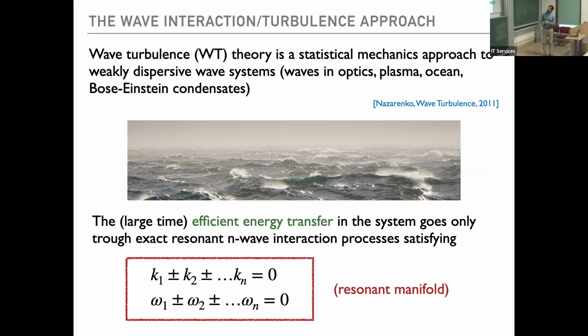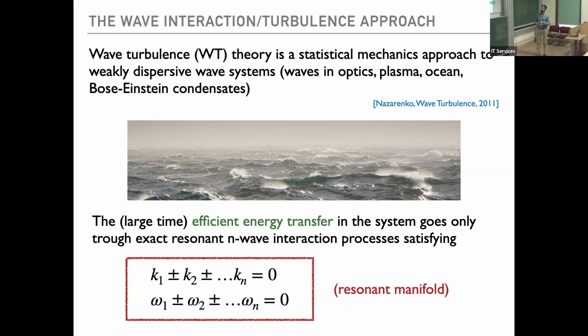And what the wave interaction or turbulence approach will give you is a recipe on how to understand the long time behavior of the system. So somehow it will tell you, for example, that at large time, only some wave modes or mode interaction processes are efficient to spread energy or other conserved quantities in the system.